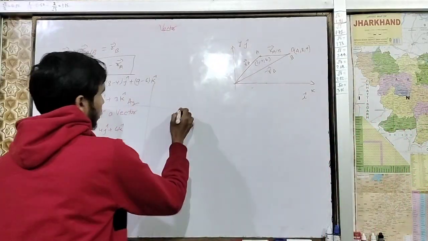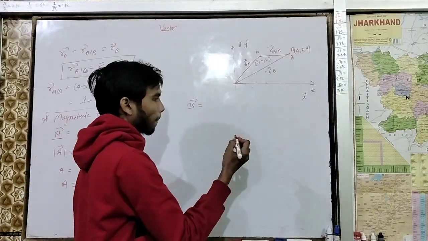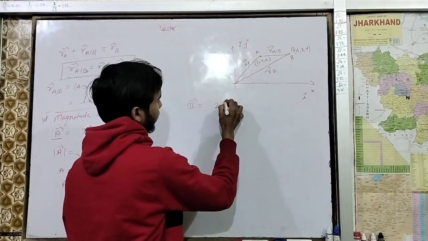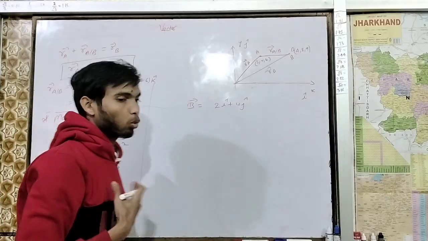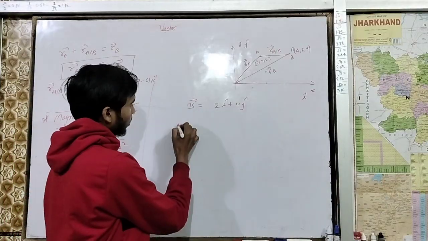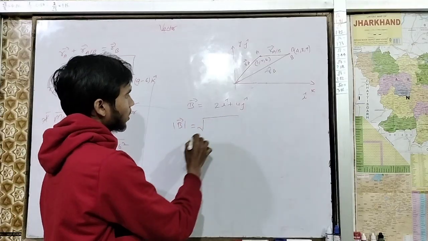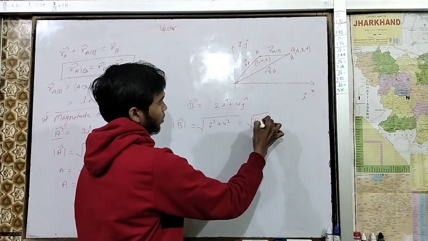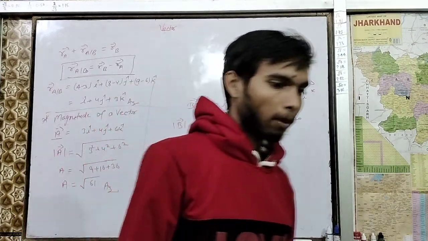For example, now we have vector B, whose location is 2i cap plus 4j cap. To get only the magnitude we use the mod, so it equals 2 squared plus 4 squared: 4 plus 16 is 20, so root of 20.